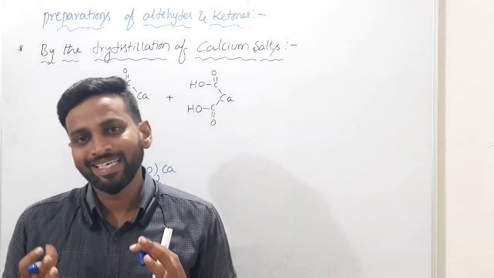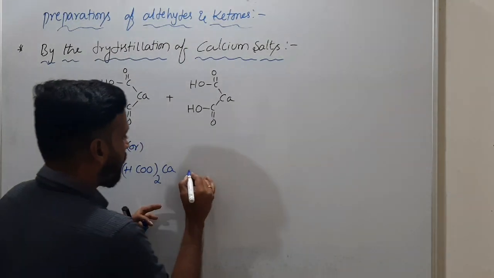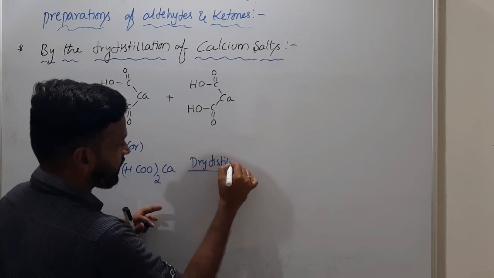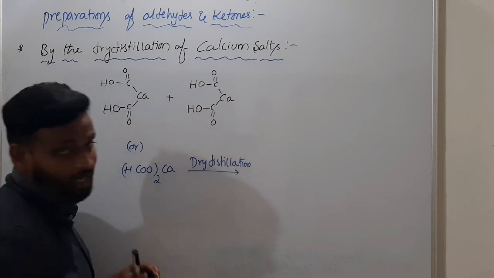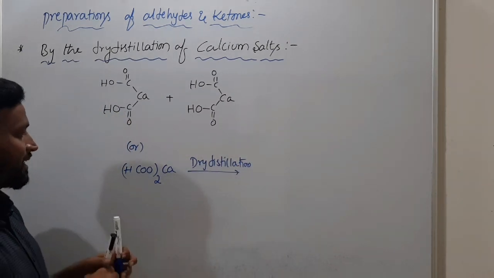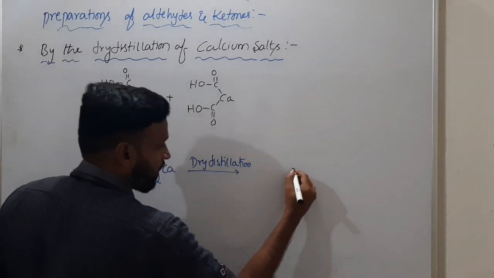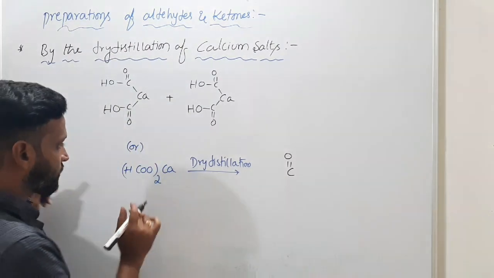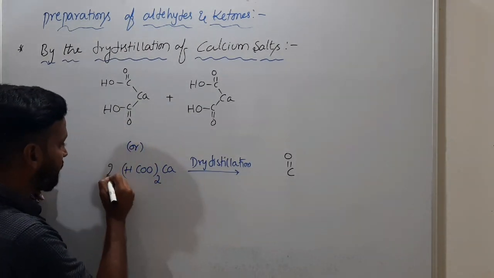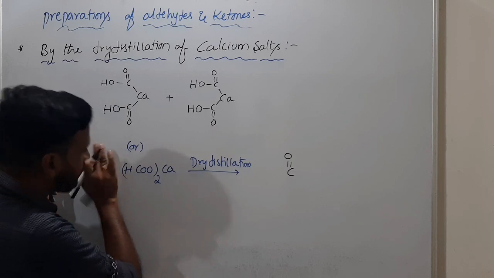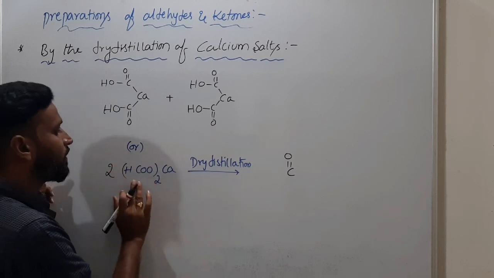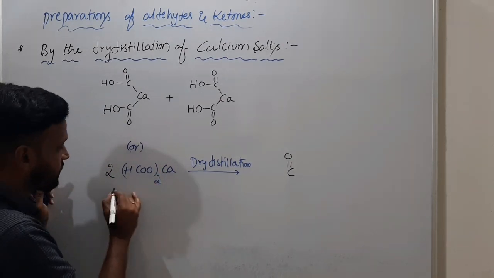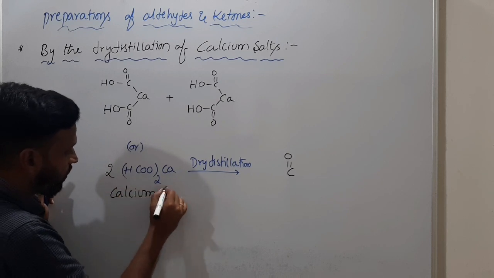Getting what I am saying? HCOO twice Ca, when you are taking it on an arrow, if they give dry distillation, then write down C double bond O, because you have an aldehyde or ketone. HCOO twice only, they give two times like this, or they won't give two. That is calcium formate.